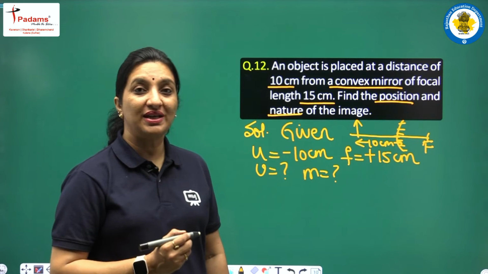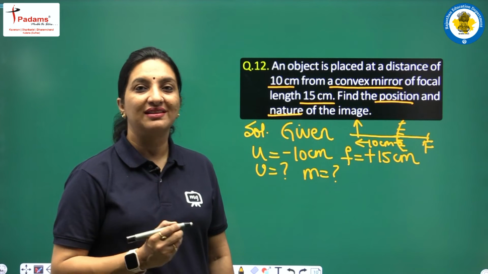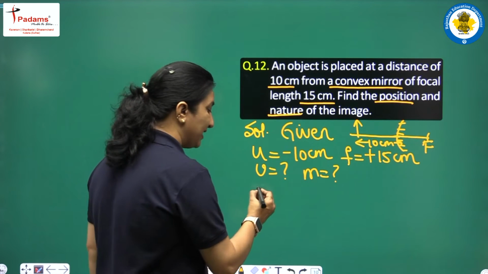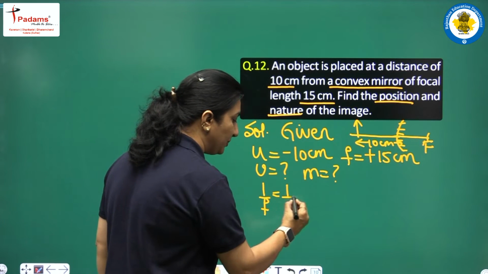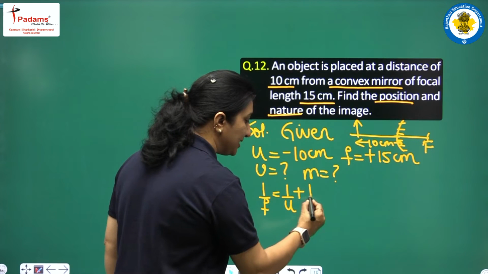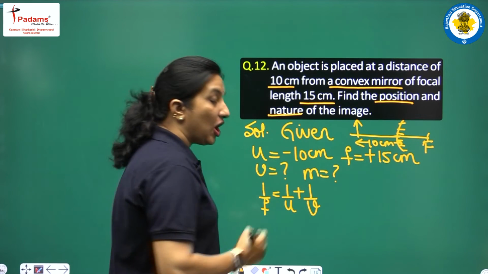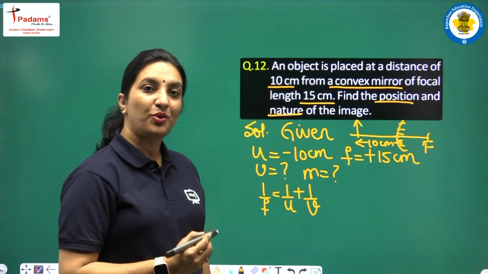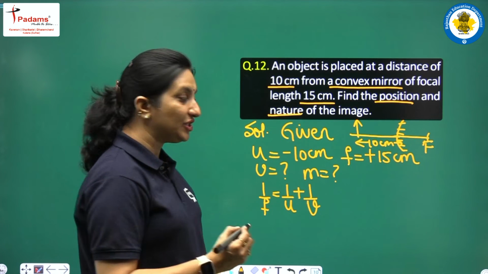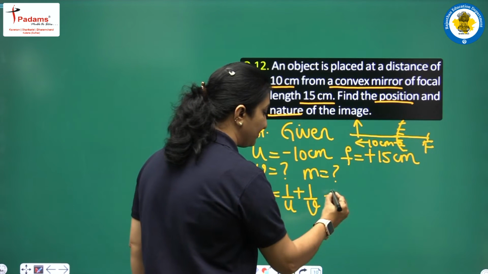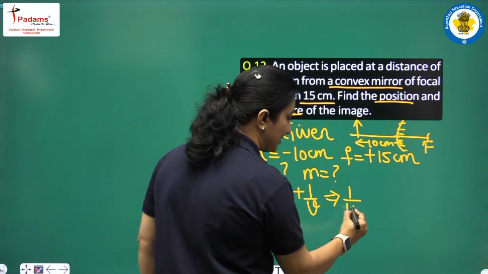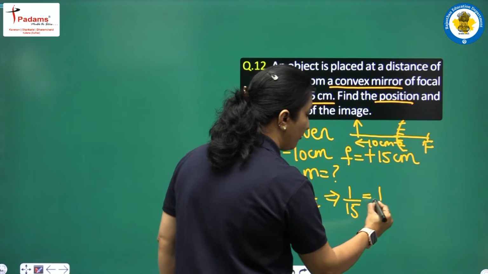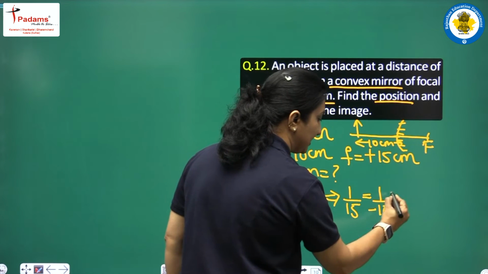Now here, to begin with, we will have to use the mirror formula, and by the mirror formula we have 1 upon f is equal to 1 upon u plus 1 upon v. On substituting the values with proper sign using the sign convention, the value of f is 15 centimeters and the value of u is 10 centimeters.